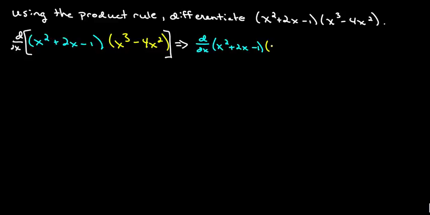Not the derivative of the second function, just multiplied by the second function, plus the derivative of the second function times the first. I'm going to run out of room here.